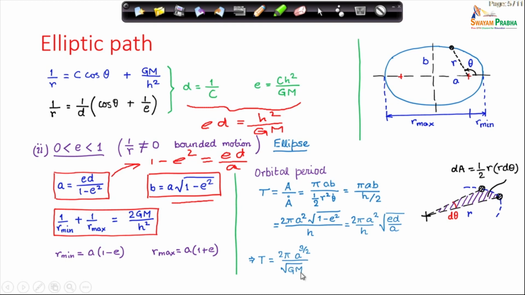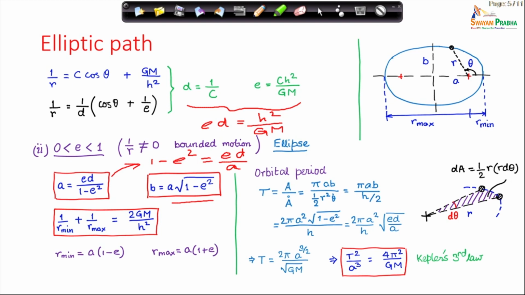Now you will notice that if I square this relation, I get T square by a cube is 4 pi square by G M. On the right hand side everything is a constant: the central gravitating mass capital M is constant, G is definitely constant, 4 pi square is constant. Therefore, T square is proportional to a cube. This is Kepler's third law. The square of the time period is proportional to the cube of the radial distance.